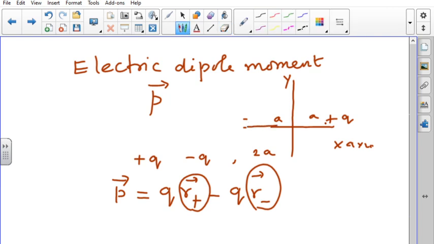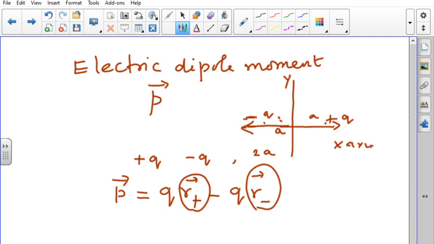You should be very careful in drawing the diagram. The distances we consider should be equal parts. Here is the point, and this is minus Q, directed this way along the x-axis.